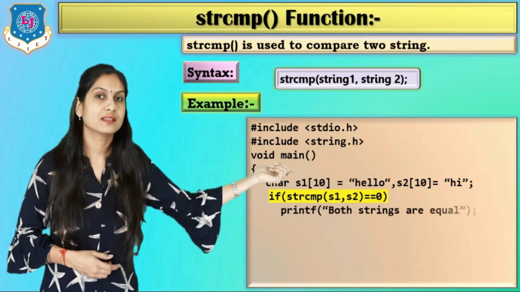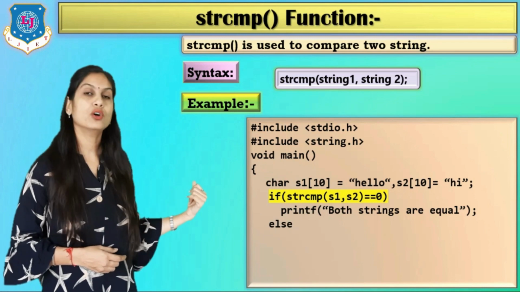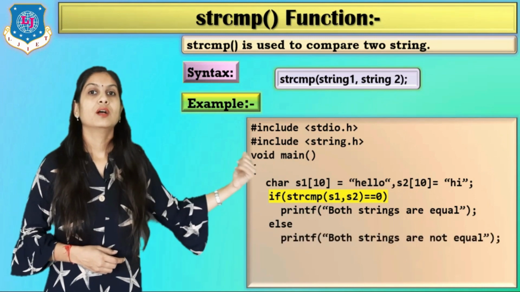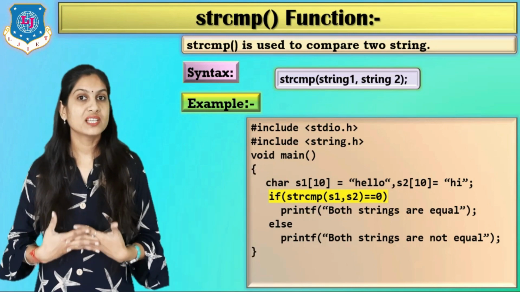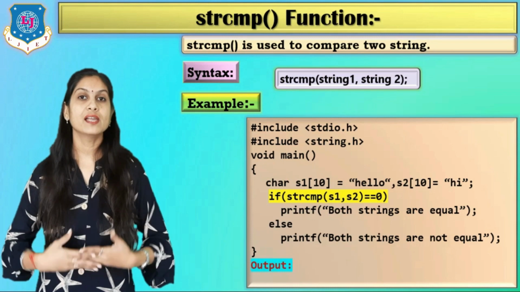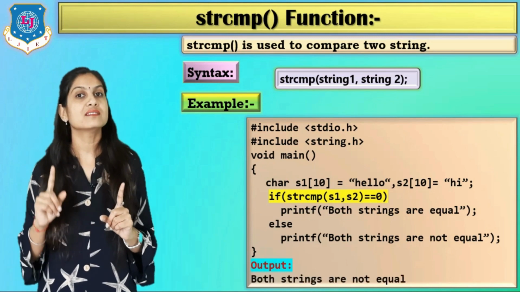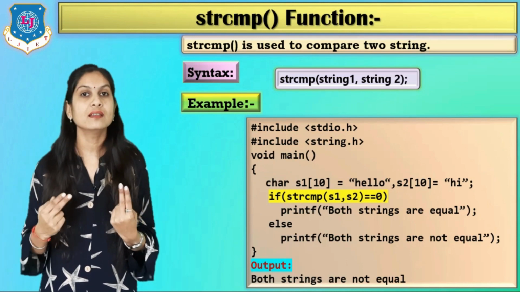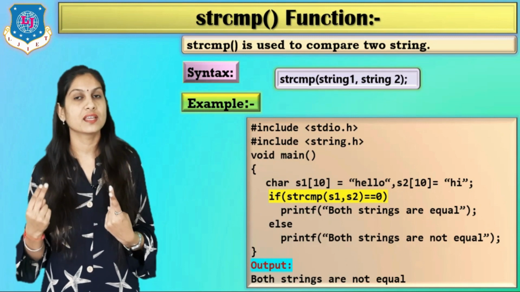Both the strings are the same. But if the condition is false, then we jump to the else part, and the meaning is what? We have to printf both the strings are not equal, and here our output is what? Not equal. Why? When it compares the first character of both the strings, it finds a 0 difference, but when it moves onwards to the second characters, in the first string it is E and in the second string it is I.